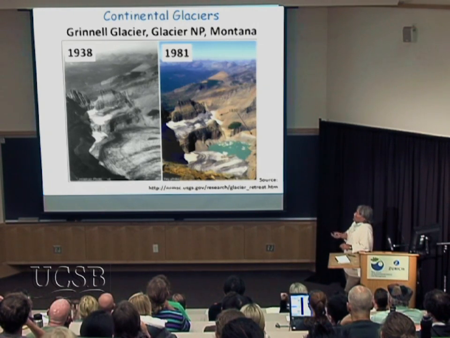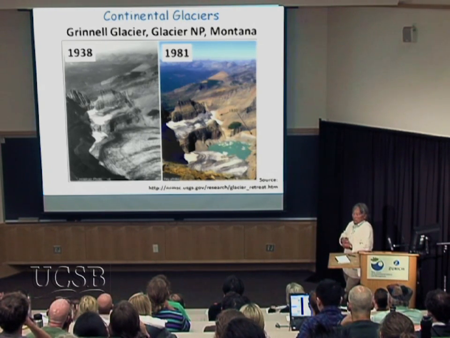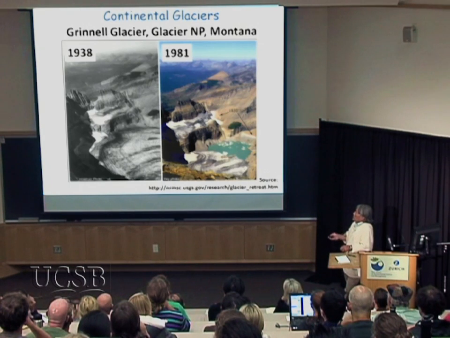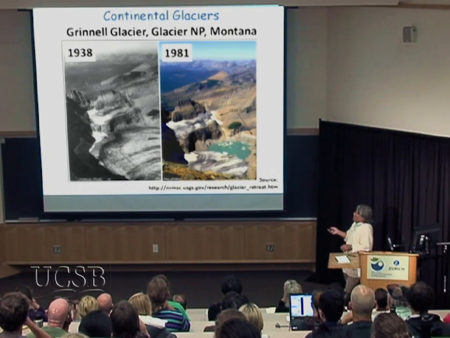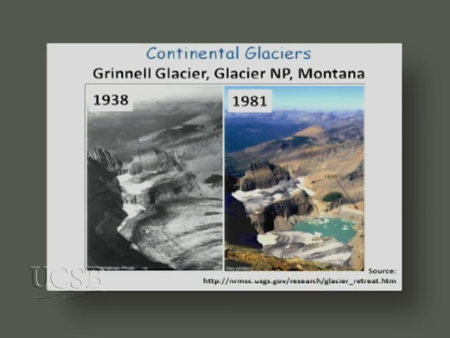This is also sort of indicative of some of the changes that we're seeing. I was just at the Grinnell Glacier 2 weeks ago. Christina and I were there, and it was quite amazing to be in Glacier National Park, and being able to look at some of the places that we're actually studying in our research.